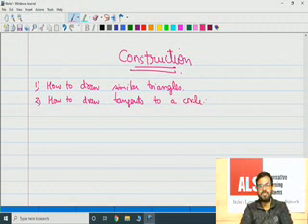These are the major two things we have to cover in this chapter. There are many subparts of this first type, like how to draw the similar triangle. Similarly, the tangents, how to draw the tangent to a circle. There are many subparts of that one. So these are the major topics in this chapter.